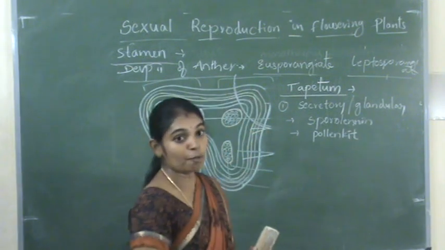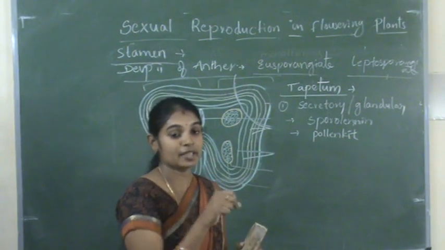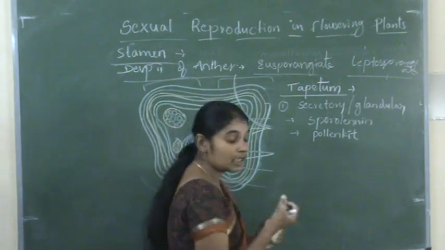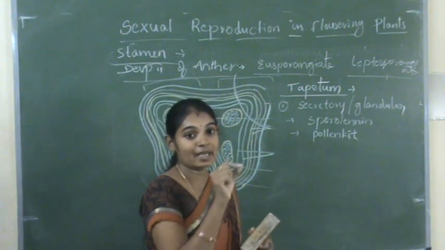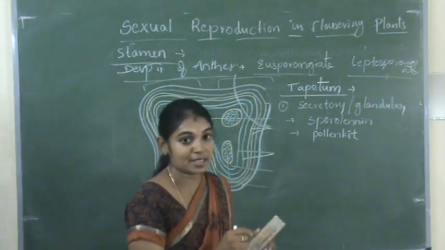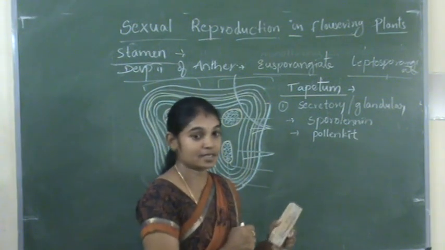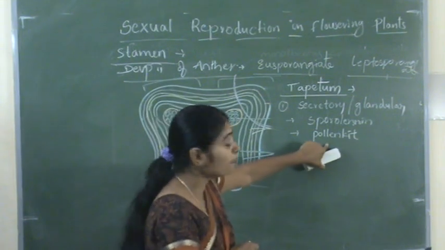Pollen kit is a sticky substance present on the pollen grains. If we observe flowers like hibiscus, the pollen grains have a powder-like or sticky substance present on them. That is called pollen kit.